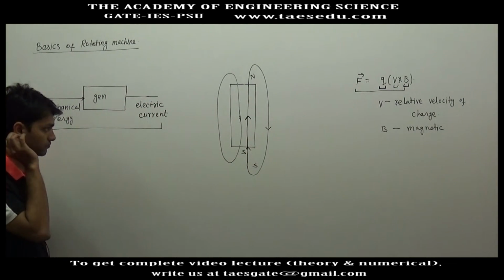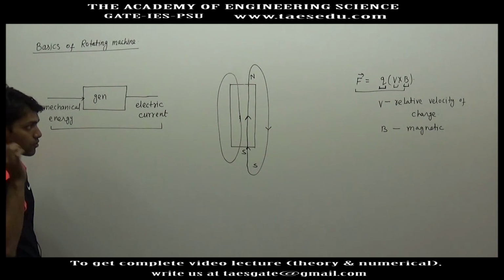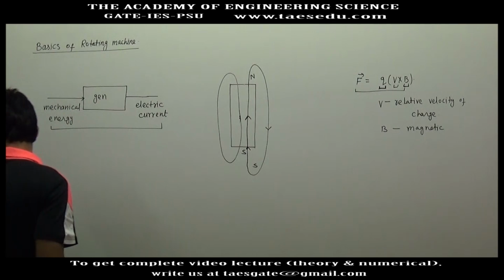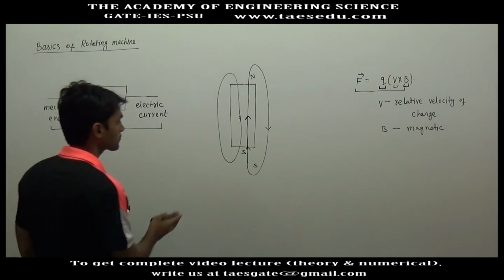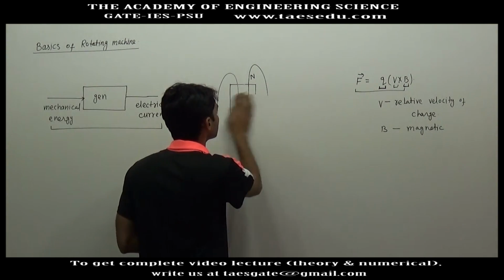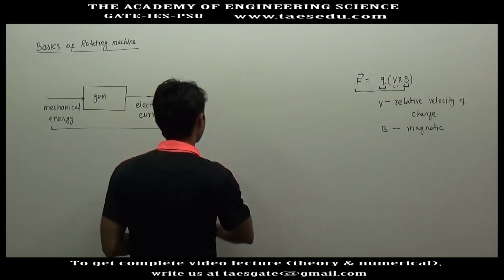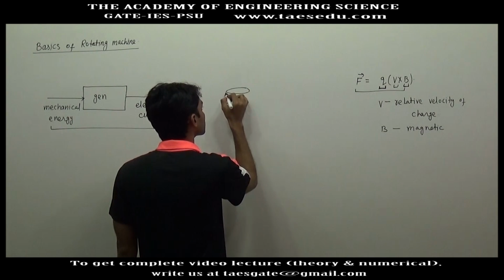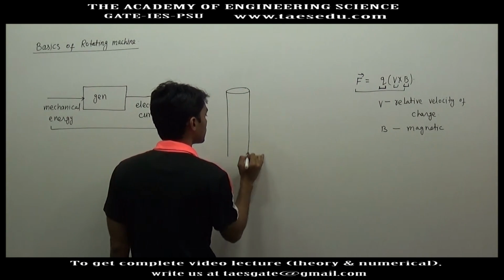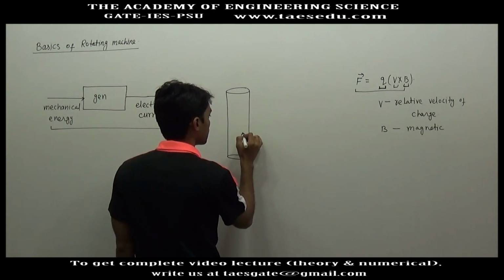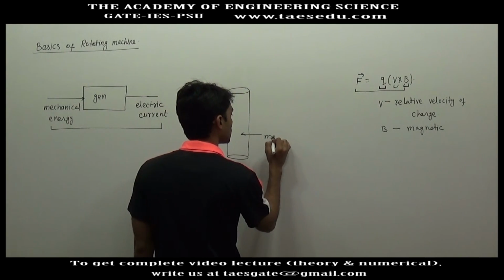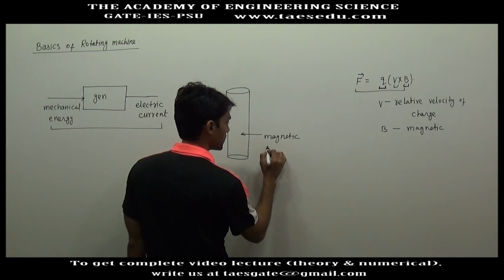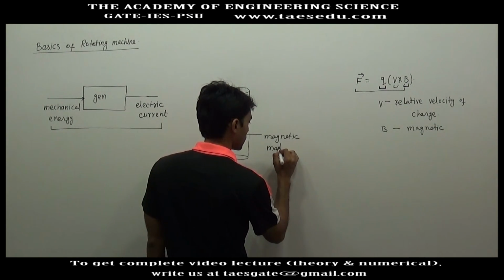Another way is we can produce magnetic field with the help of an electromagnet. What is an electromagnet? Suppose this is a magnetic material. What is a magnetic material? This we have already studied in transformer.